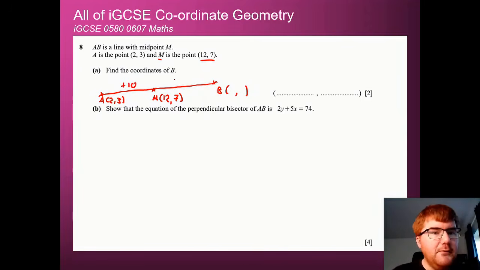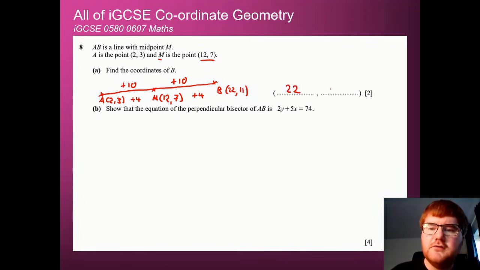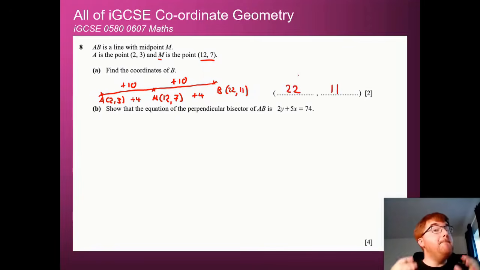So because this is the midpoint, I need to add 10 again, and that's going to give me 12 plus 10, which is 22. And I do the same trick here. So what do I add to 3 to get to 7? Well, add 4. So I need to add 4 to that, and 7 plus 4 is equal to 11. So by drawing a diagram, you can make your life much easier with these kinds of questions. Try not to learn just formulae off by heart. Again, visualizing the problem is going to help you in those A-level studies and IB studies afterwards.